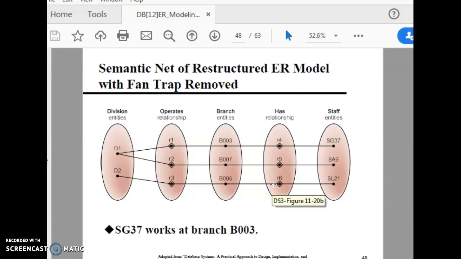Now, we are in a position to answer our question by seeing this semantic net model. That is, staff number SG37 works at the branch B003, which is part of D1.